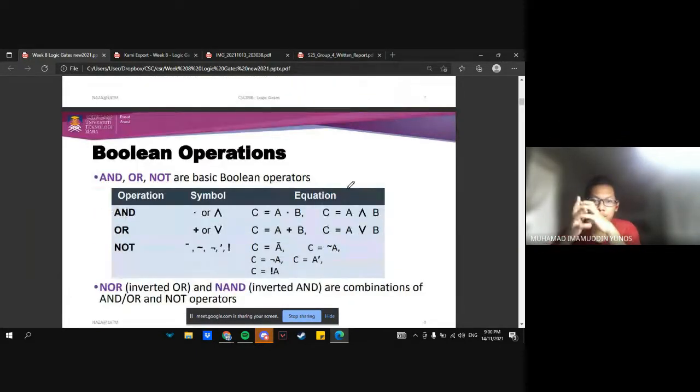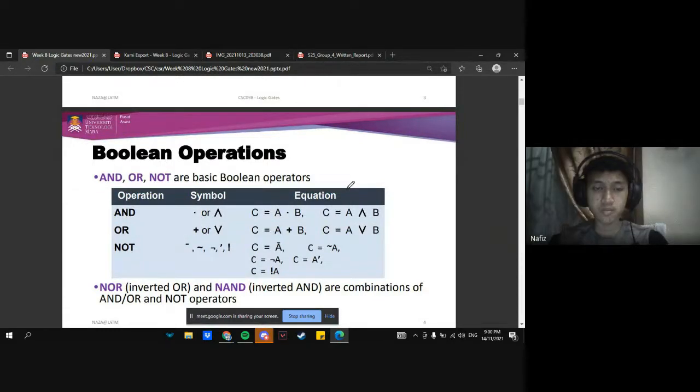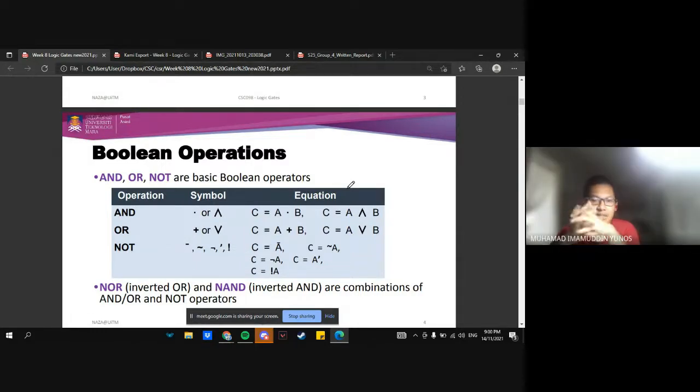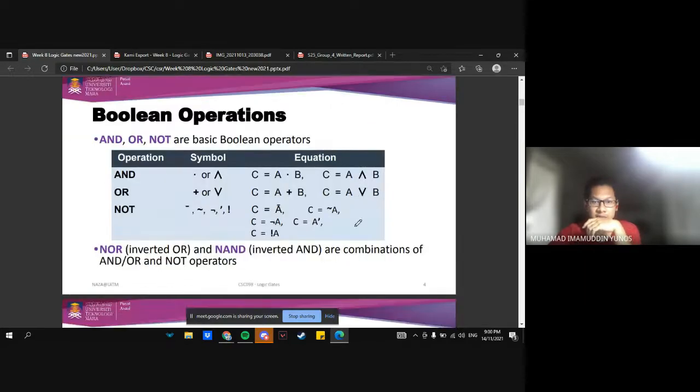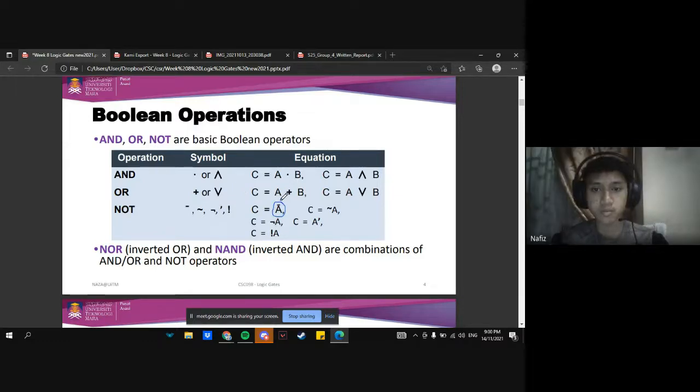For Boolean operation, we have three, which are AND, OR, NOT. There are many symbols and equations, just like on the slide. You see the symbols here, but the common one that we use in our exam is the one that I draw.